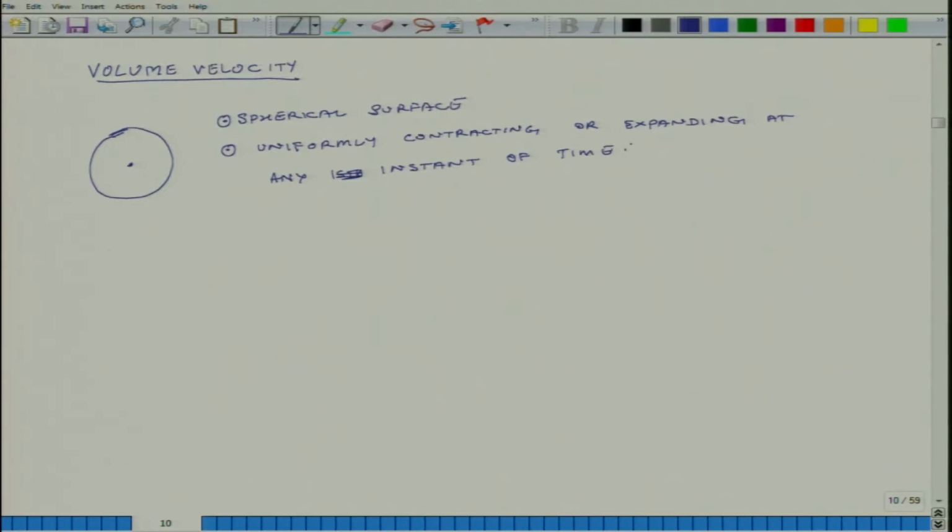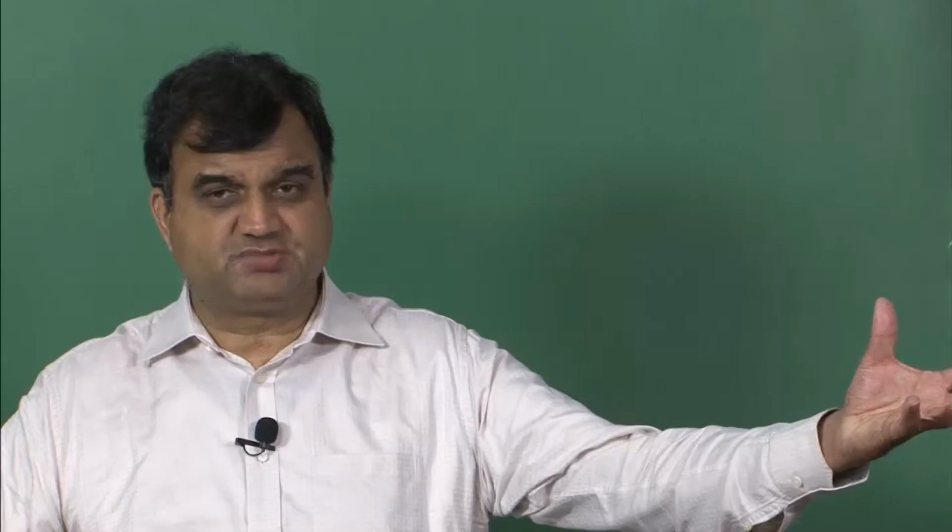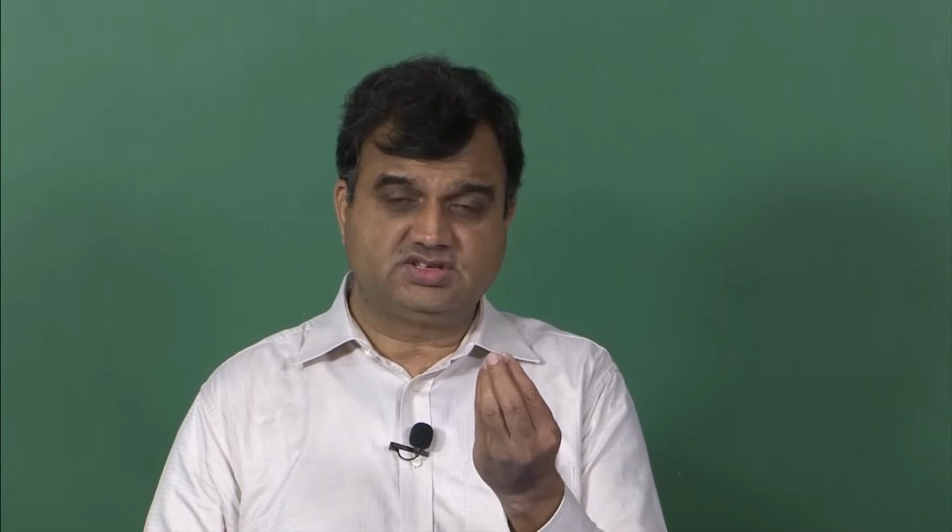It is not that a part of the ball is expanding and another part is contracting. Essentially, every point on the outside surface of the ball is moving in phase with respect to each other. The phase difference of motion of all the points on the surface of the ball is 0. All the points are in the same phase, so they are either uniformly expanding or uniformly contracting.